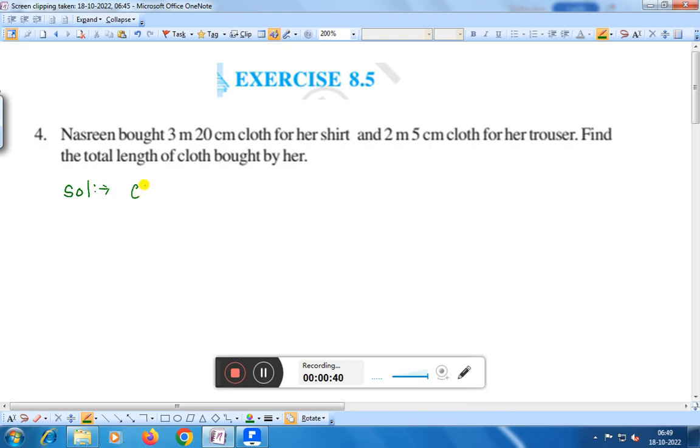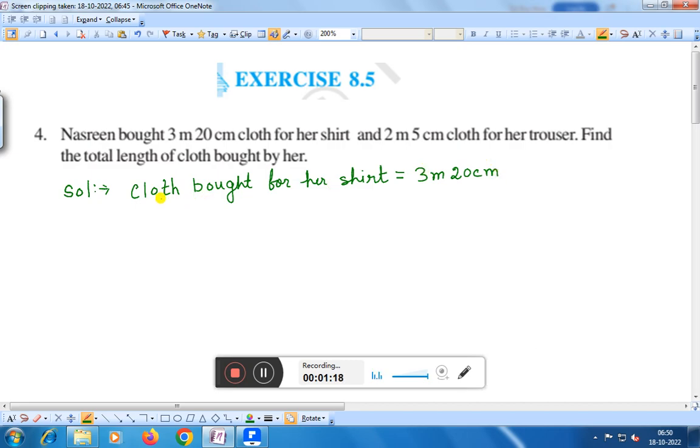Cloth bought for her shirt is equal to 3 meter 20 centimeter.